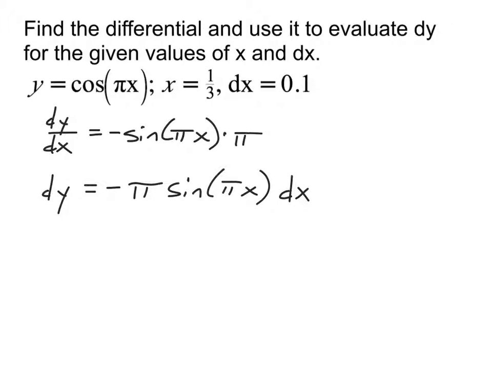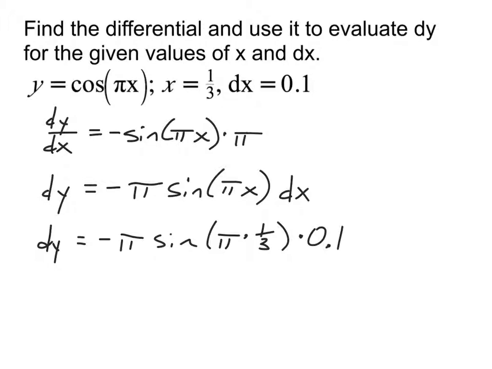So basically, to evaluate it, we're just going to plug in. So dy equals negative pi times sine of pi times our x value, which is 1/3, and then that's going to be times dx, which is 0.1.